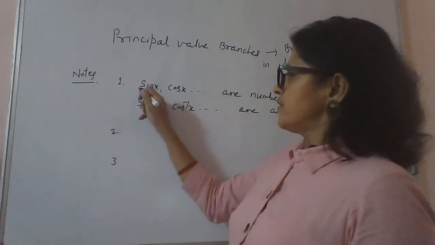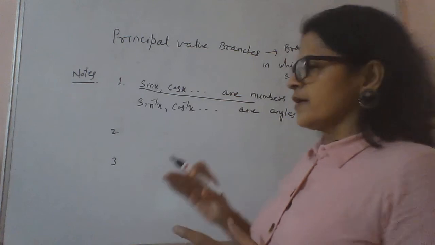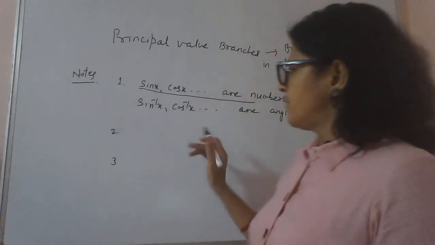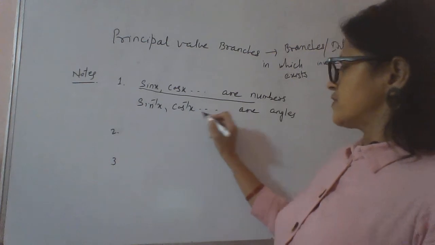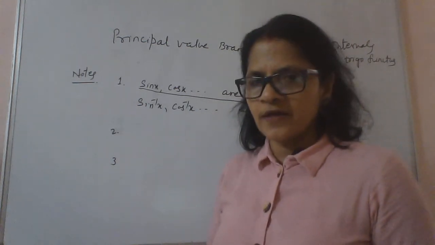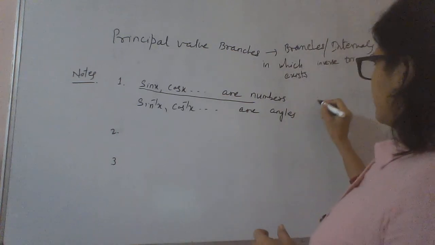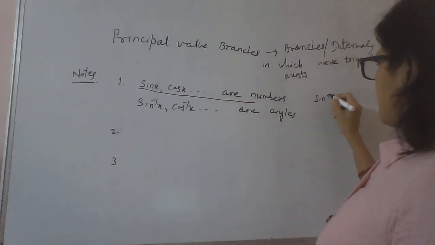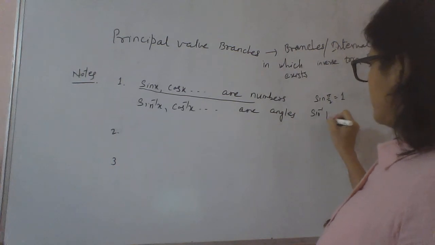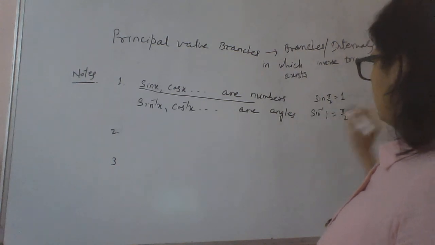Secondly, as I just now told you, sin x, cos x, tan x, all these are numbers, right? But sin inverse x, cos inverse x, I mean any inverse trigonometric functions, these are angles. So as I said, for example sin pi by 2 equals 1, but sine inverse 1 equals pi by 2.